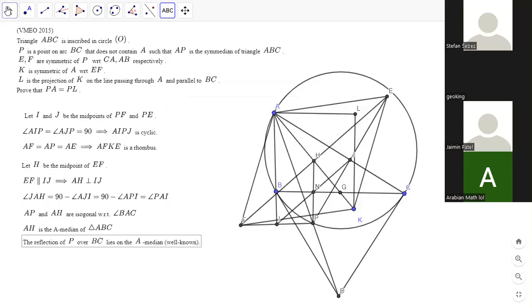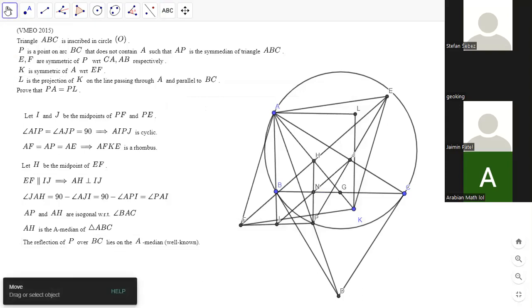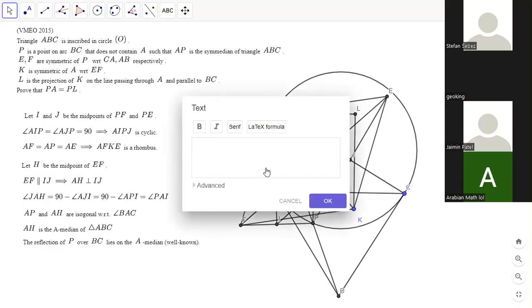All right. So basically, by a homothety at P with ratio 2, P and H are reflections across BC.